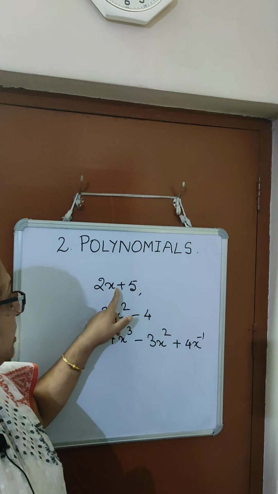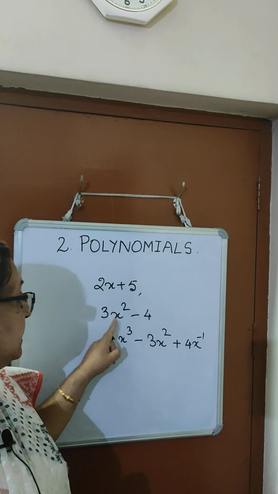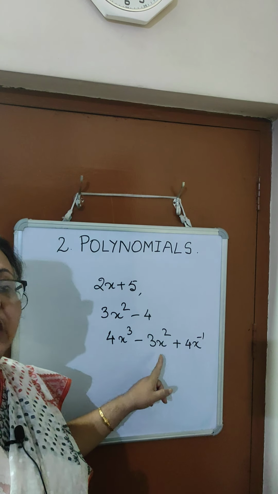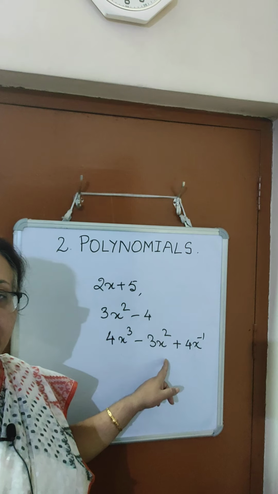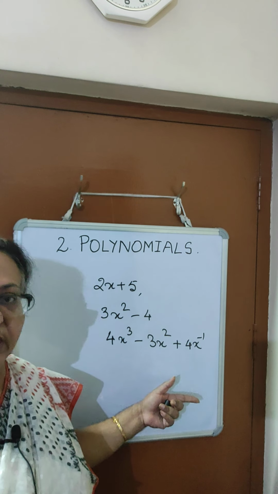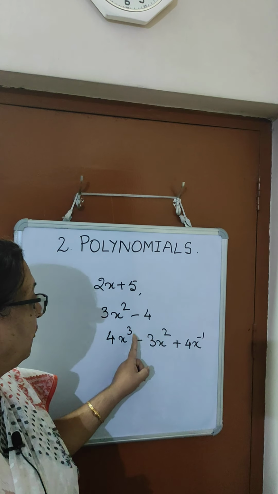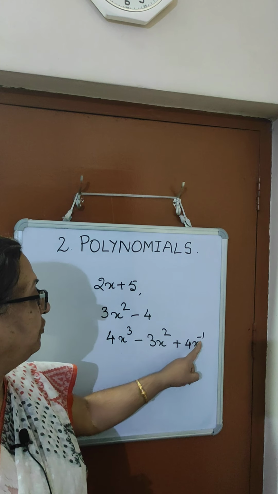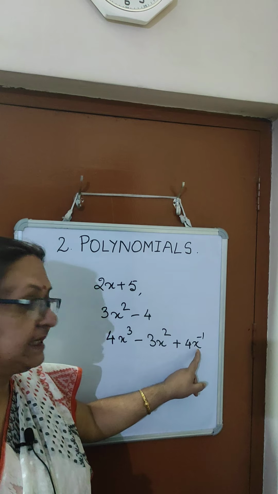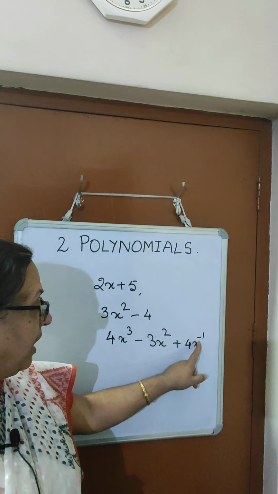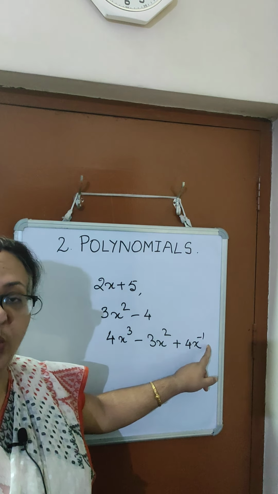Okay, now so what are polynomials? I say this one is a polynomial, this is a polynomial, but this is not a polynomial. Why? Because see this power of the variable. What you find here is x is a variable, power of the variable is -1.